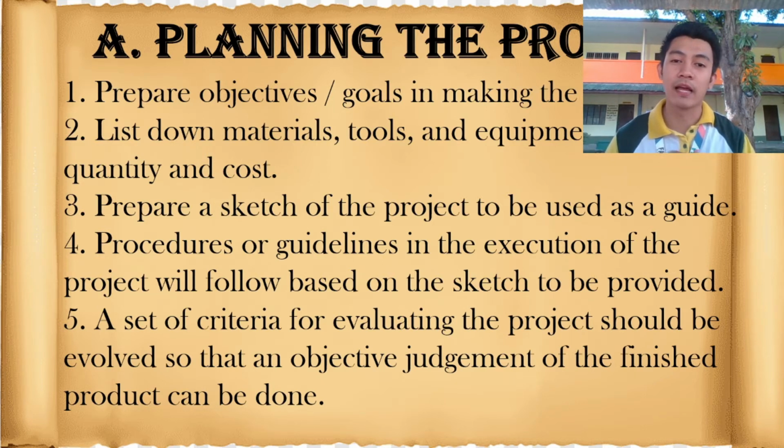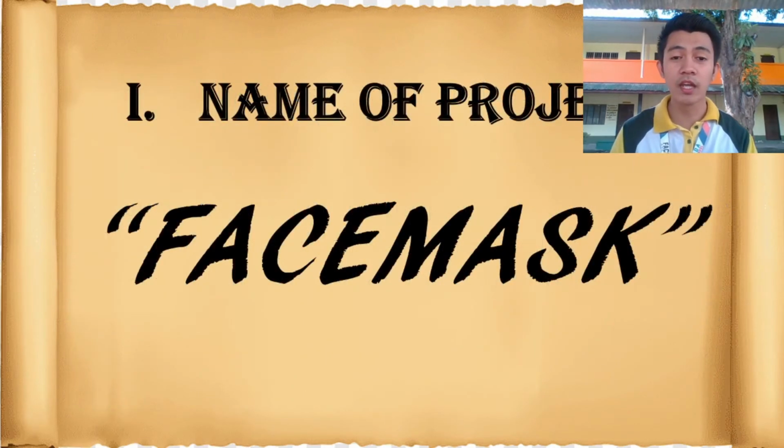Ayan. When making a project plan, it has 6 parts. The first one is the name of the project, objectives, materials needed, tools and materials, design of the project, and procedure. Ayan. The first one, name of your project.